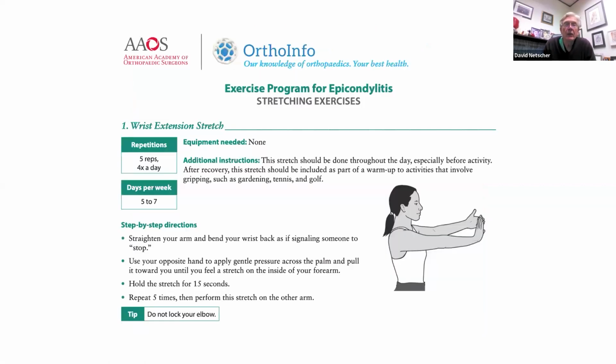And then if you go to the Orthopedic Academy website, they'll take you through the exercises that are done, and you can see with the elbow extended and the wrist flexed and extended, and how many repetitions you do, and how you then go from one stage of recovery to the next stage to the next stage over a several week time interval.